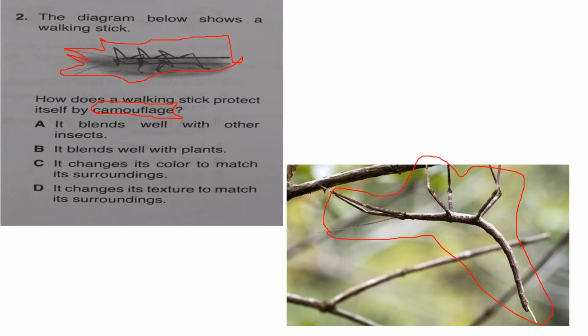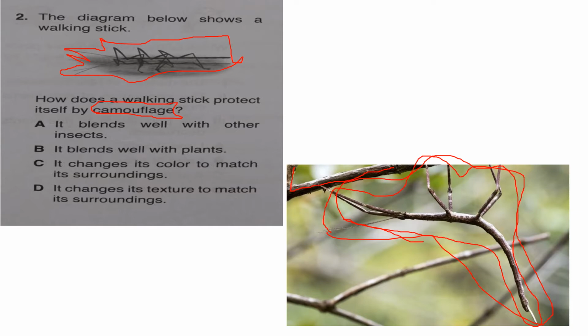Why is it brown? It's brown because the branches of trees around are brown. That's why this insect needs to change its color into brown. Changing its color can protect itself from its enemies. That is what we call camouflage.